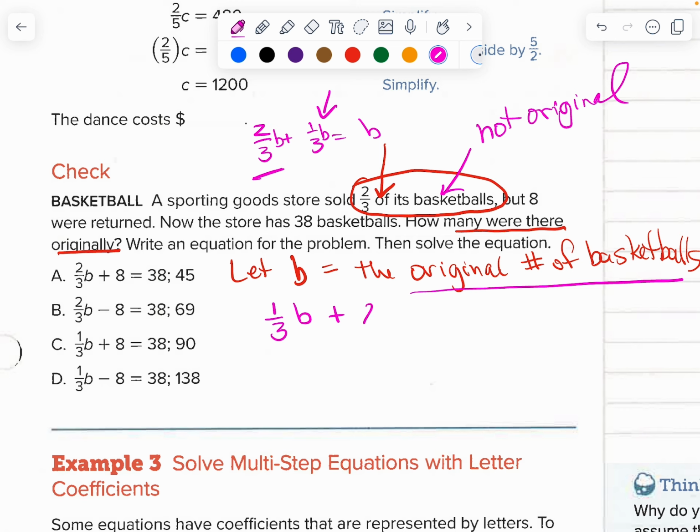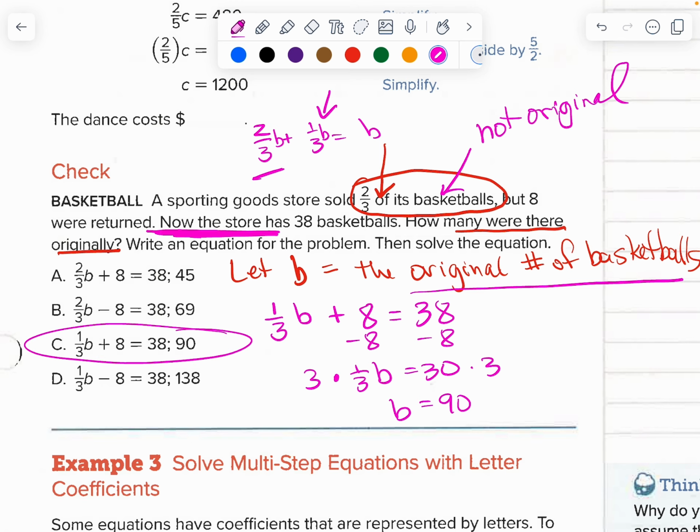So plus 8, because you're adding back the 8 that were returned, equals 38. Because this says now the store has. So it's what they have now. Then we need to solve it. So 90 basketballs. This is my answer.